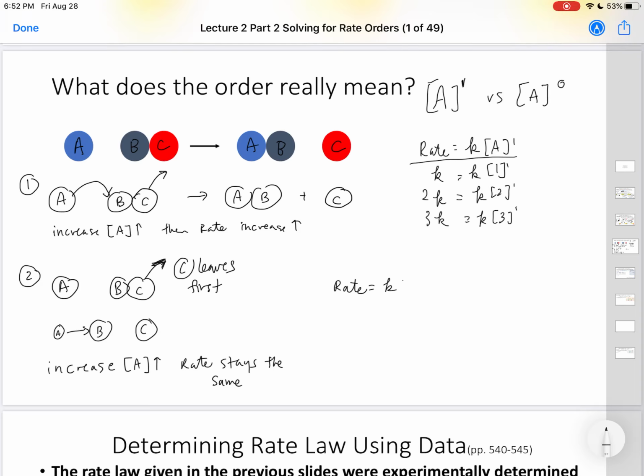If you have rate is equal to K A to the 0, okay?